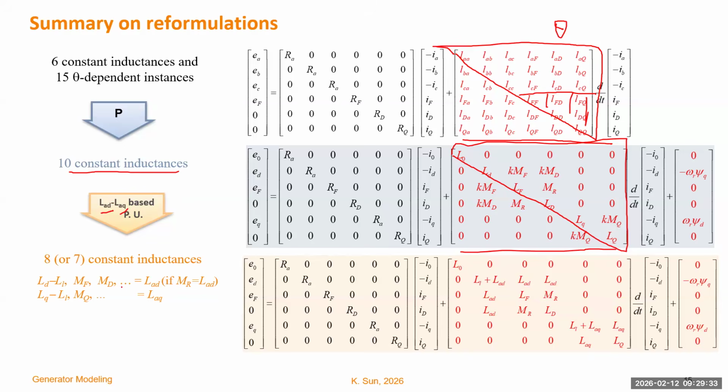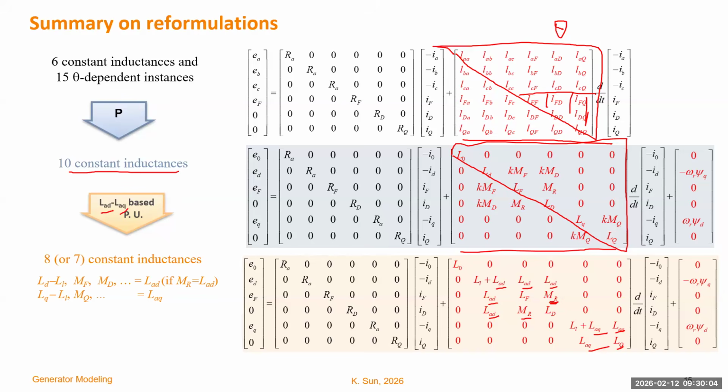Which means in the D axis, anywhere you see an inductance involving two windings, representing the mutual inductance, they are all the same. And in the Q axis, they are also all the same. Okay, so there is only one mutual inductance not equal to LAD, which is this MR.